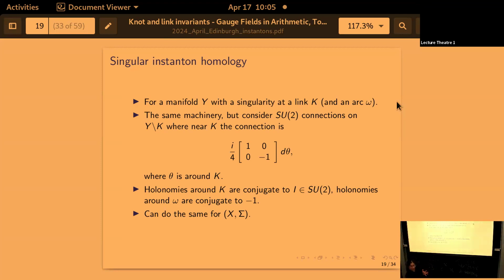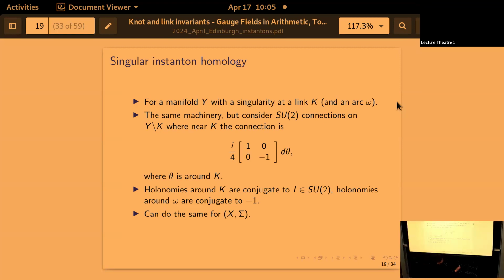and also some arc omega that you don't want to think about too much. And the holonomy around your knot, around your link K, meaning if you do a holonomy around a really small loop that goes around your link, it's going to be conjugate to I in SU2.